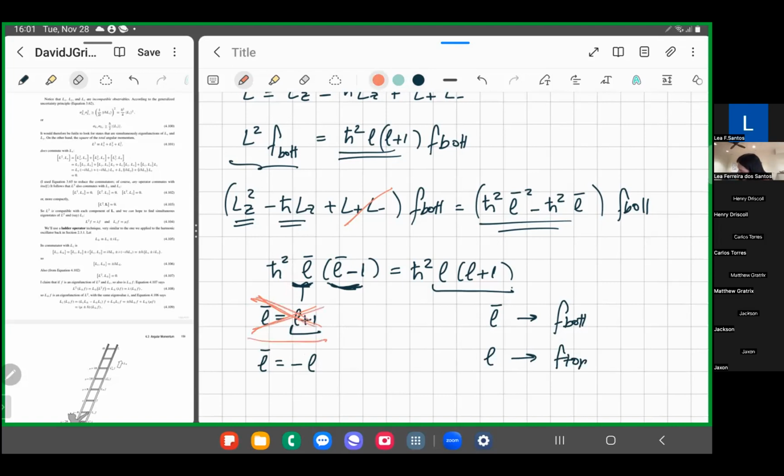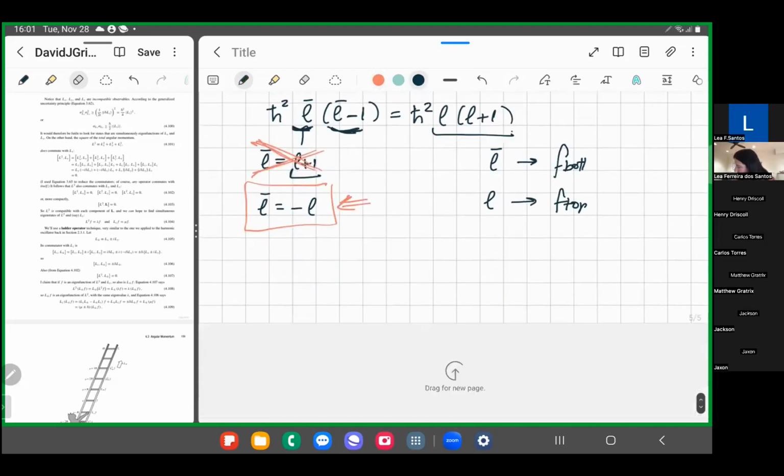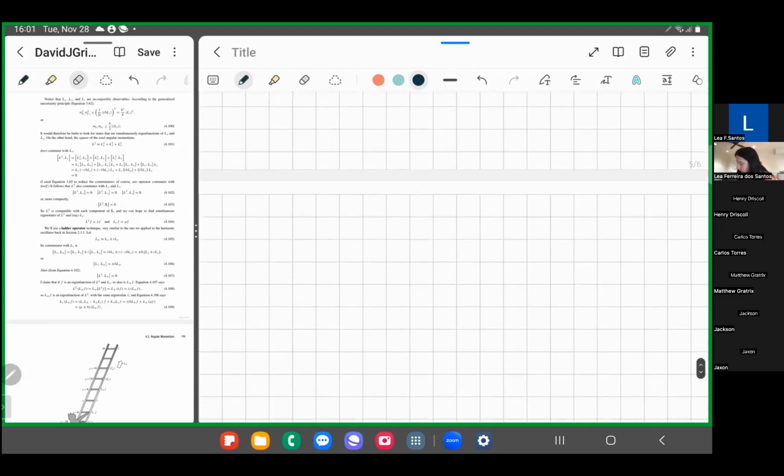So conclusion, this has to be the solution. So let me put these things together, okay? What we found out, the eigenvalue for the L squared of this function is ħ squared L times L plus 1. Yeah, that's it.